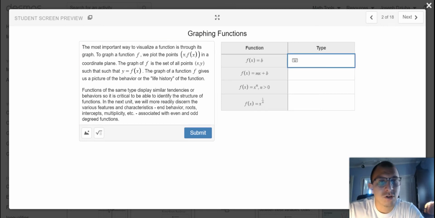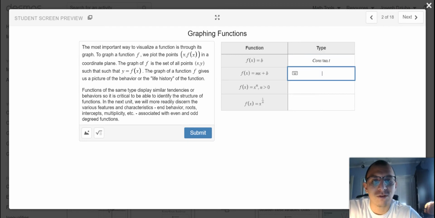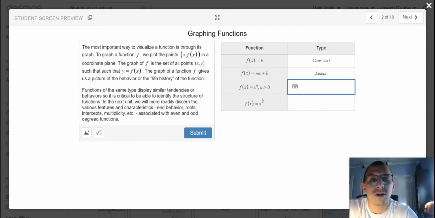So I have some function structures over here on the right-hand side. Mathematicians have labeled these functions because they all represent similar behavior. If we have some type of function that's equal to a numerical value, we would call that a constant function. We have f of x equals mx plus b, which many of you should remember is your linear function.